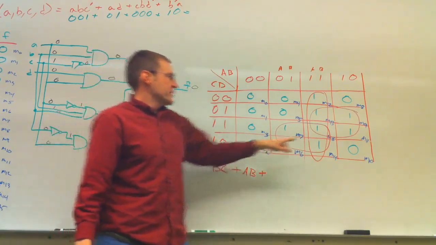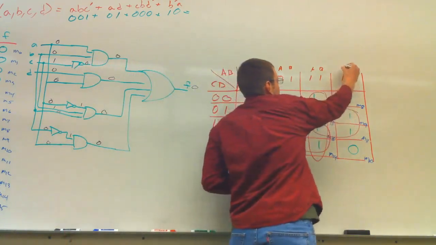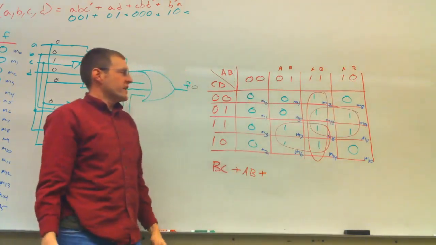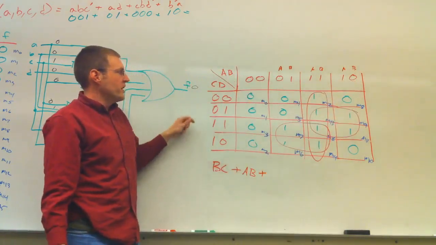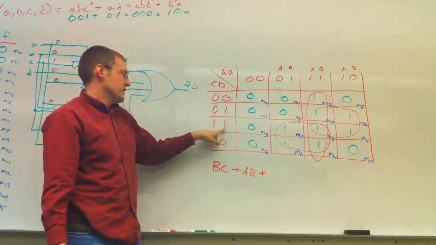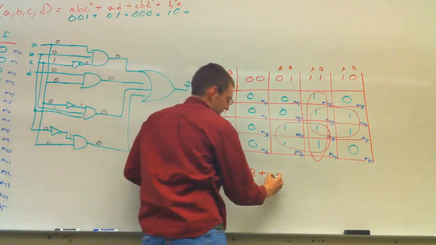And then through this grouping here, we see that A is 1, and B is changing from 1 to 0, so we don't care about B. And over here, we see that D has to be 1, and with C we don't care, so we know it's AD.